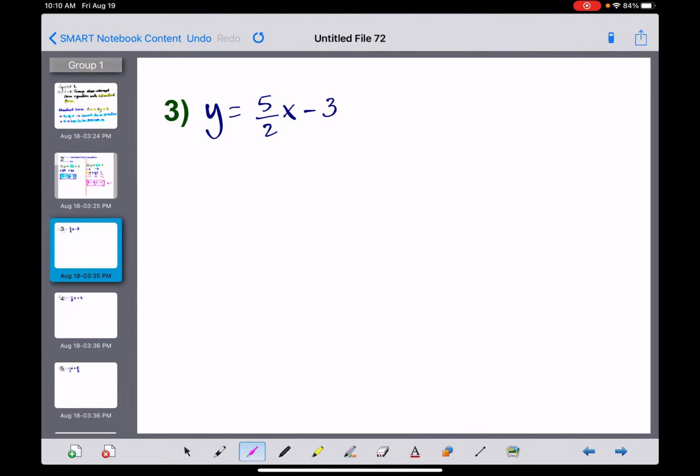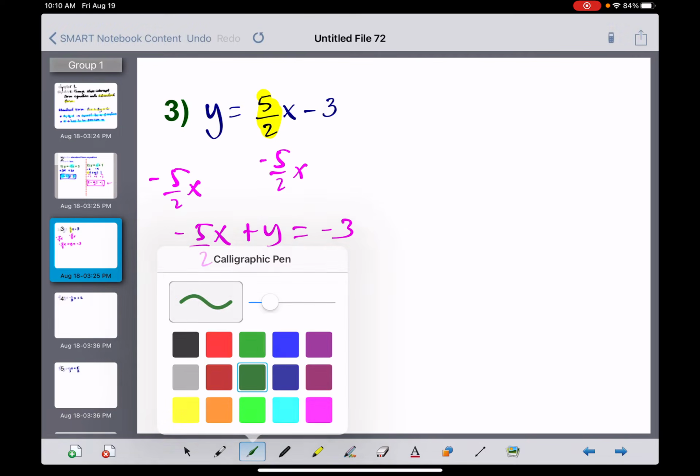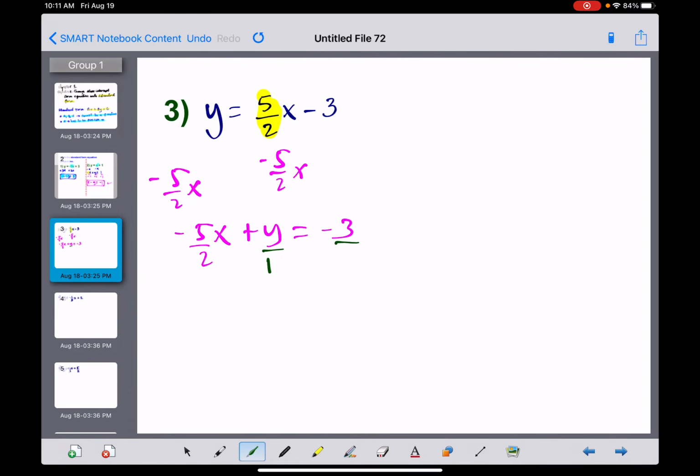Okay, number 3. Notice we have fractions and also we have x on the right hand side. So step 1, I would move the x to the left hand side, so subtract 5 over 2 x. Then we get negative 5 over 2 x plus y equals negative 3. Then to get rid of the fractions, I'm going to make everything into a fraction.